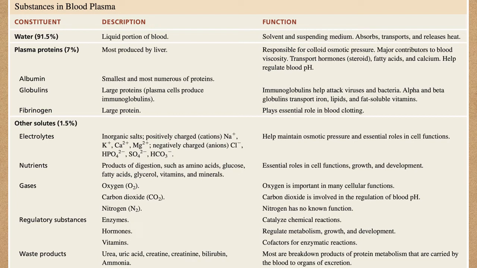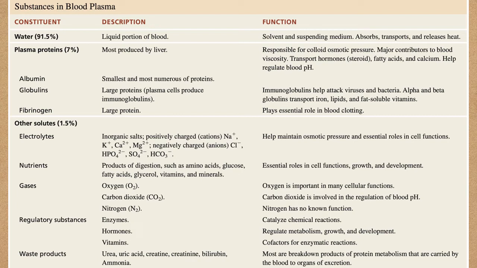Anyway, let's move on to the plasma protein, which is 7%, as we mentioned earlier, and there are a lot of components. These are usually produced by the liver, or in Tagalog, atay. I don't know in Bisaya, I think it's also atay. It is responsible for colloid osmotic pressure, a major contribution to blood viscosity, as mentioned earlier.